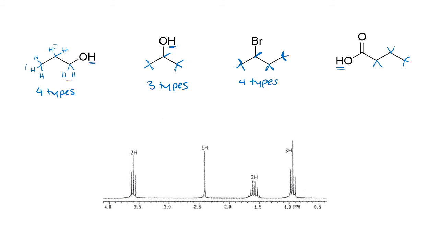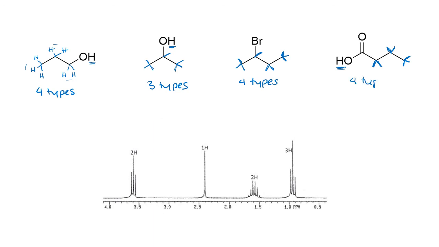Okay, now for our last structure, we have the hydrogen attached to the oxygen. We have the 2 hydrogens, which are closest to the carboxylic acid group. 2 that are a little bit more further away, so those would be 2 separate groups. And then our 3 hydrogens at the very end are the furthest from the carboxylic acid.